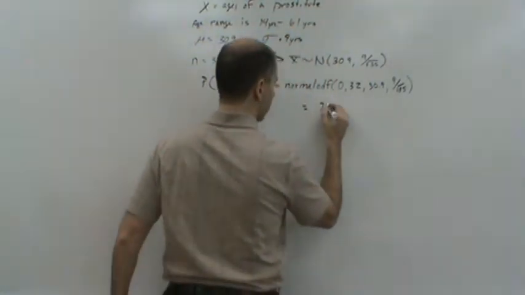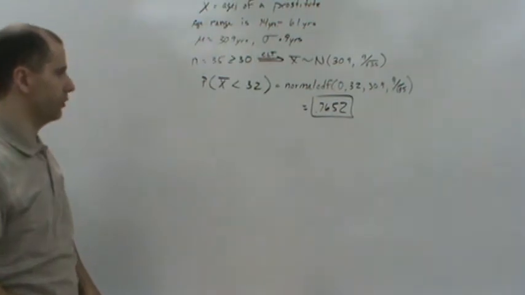Well, let's do that. And we get 0.7652. Okay, so what does this mean again?